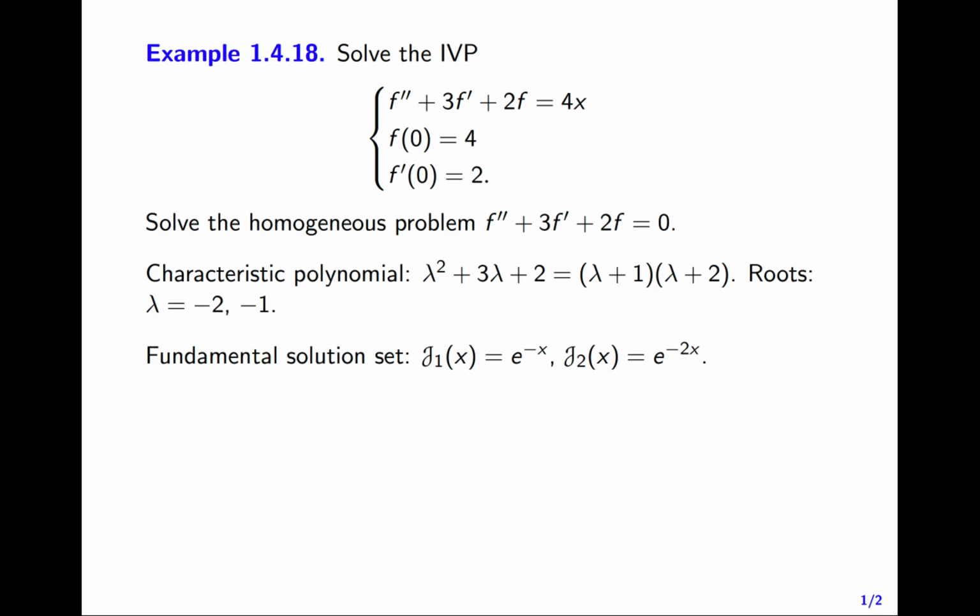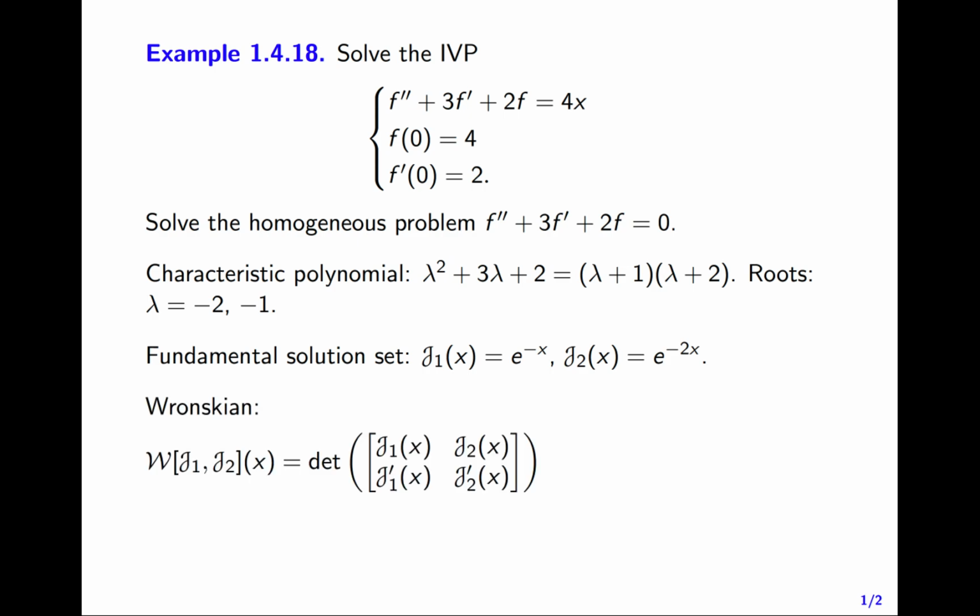And now we're going to prepare to solve the non-homogeneous problem. First, let's calculate the Wronskian determinant. We have W of j1, j2 at x is the determinant of the matrix whose first column is j1 of x, j1 prime of x, and whose second column is j2 of x, j2 prime of x. So that's the determinant of e to the minus x, then below its derivative minus e to the minus x, and in the second column e to the minus 2x, and then minus 2e to the minus 2x.